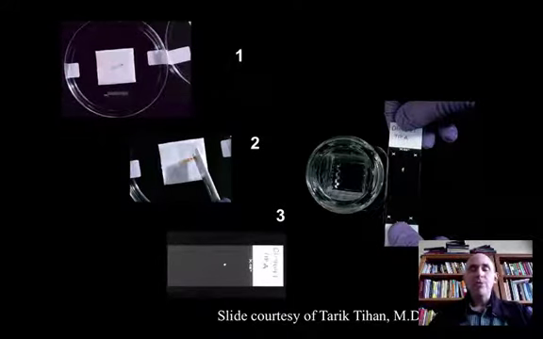Now, the actual preparation of smears in the frozen section laboratory requires some technique. And this is a slide given to me by Tarek Tihan, MD, PhD at UCSF in neuropathology. And he was very good at this. Much of our procedure in making smears is the same, so that examination of the gross specimen, step number one, is very important.